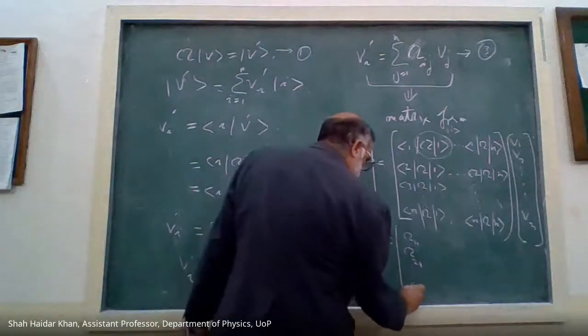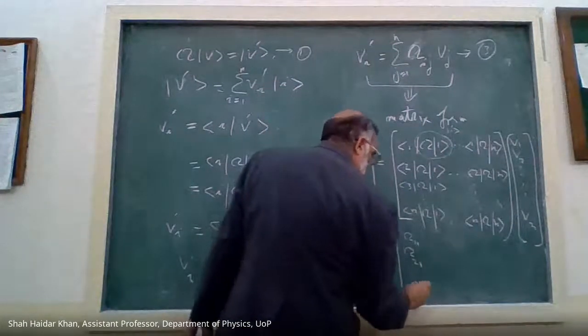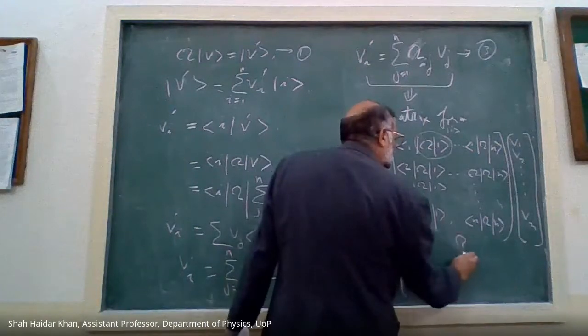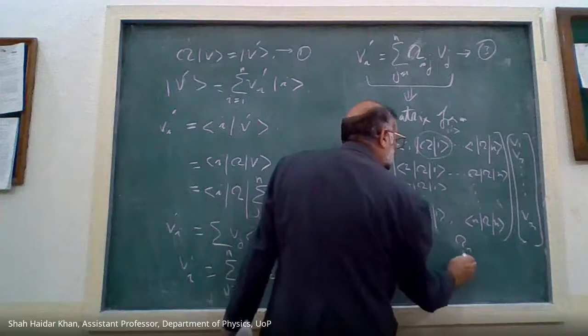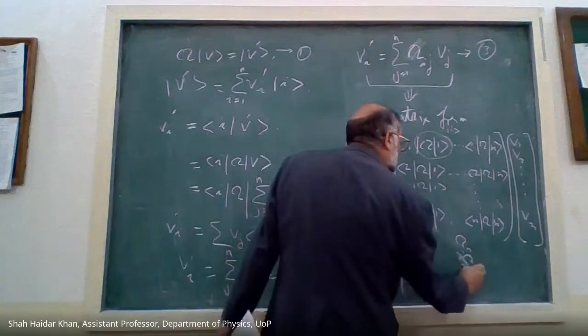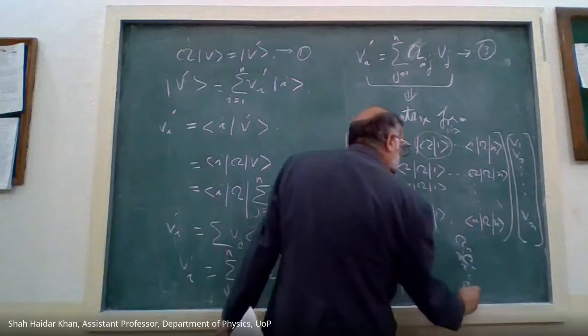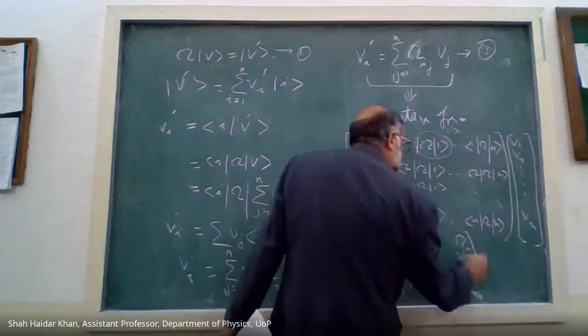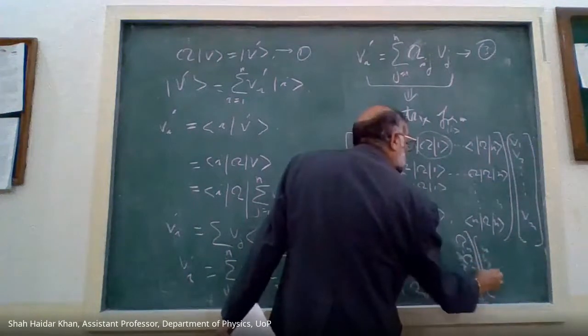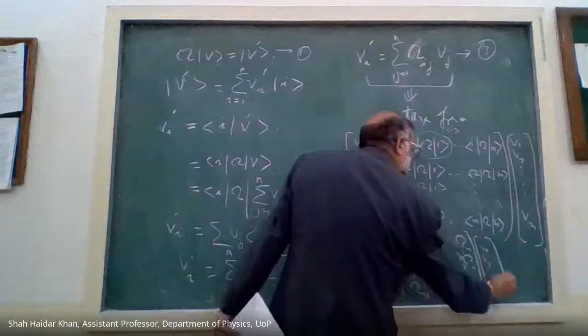Similarly, this will be omega n,1, then omega 1n, omega 2n, and so on up to omega nn, and v1, v2, vn.